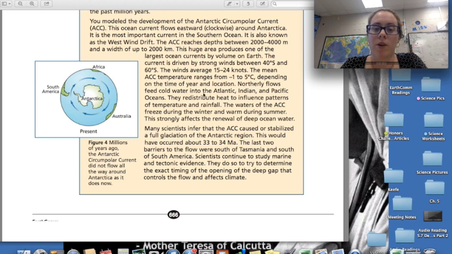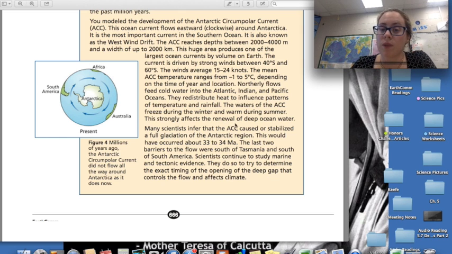Northerly flows feed cold water into the Atlantic, Indian, and Pacific Oceans. They redistribute heat to influence patterns of temperature and rainfall. The waters of the ACC freeze during the winter and warm during the summer.